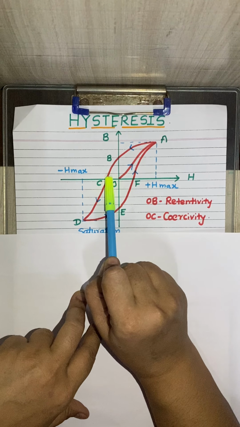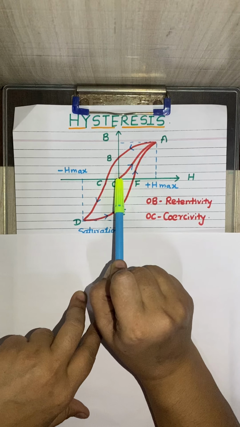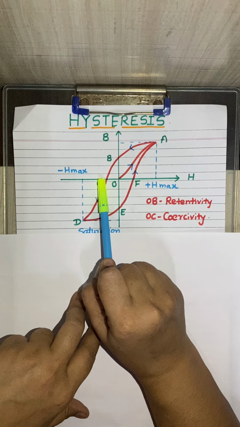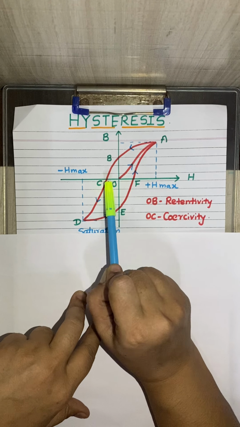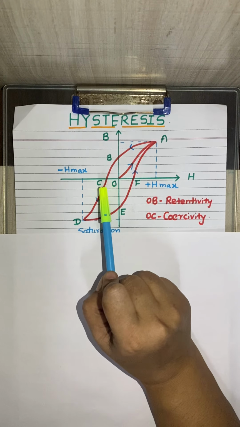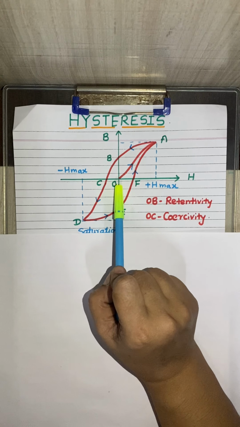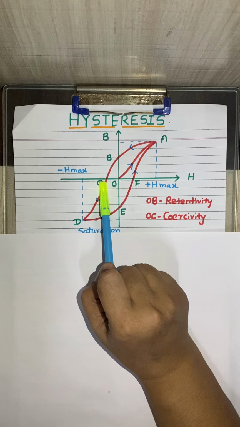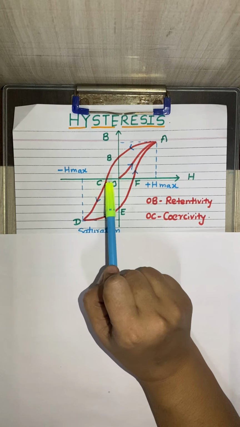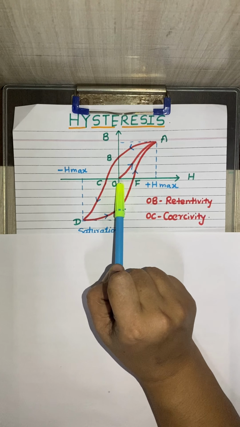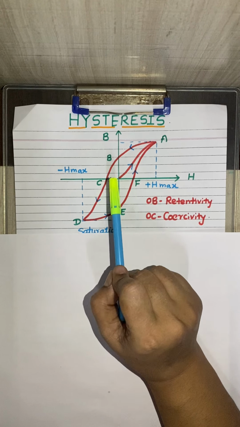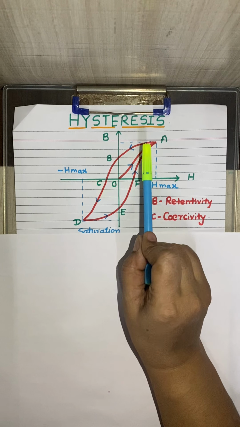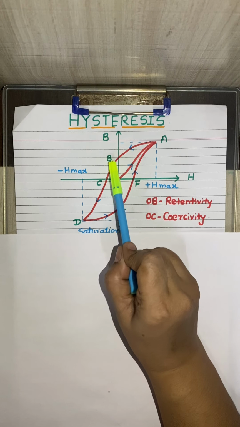After reversing and increasing, the residual magnetism has become 0, and at that time the reverse magnetizing field applied is OC, isn't it? That particular value OC is called the coercivity of the sample. Now we have gone from O to A to B, and now B to C.